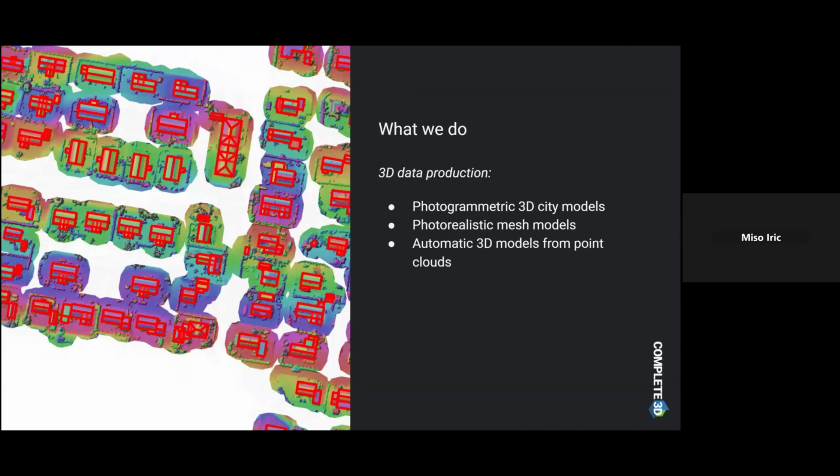We have also developed an algorithm for producing 3D models from point clouds. In this case, it's LiDAR data. We have this type of data for entire Sweden, and then we can use this data and produce a 3D city model in different levels of detail. In this case, LOD2. This data for entire Sweden is not quite high resolution.